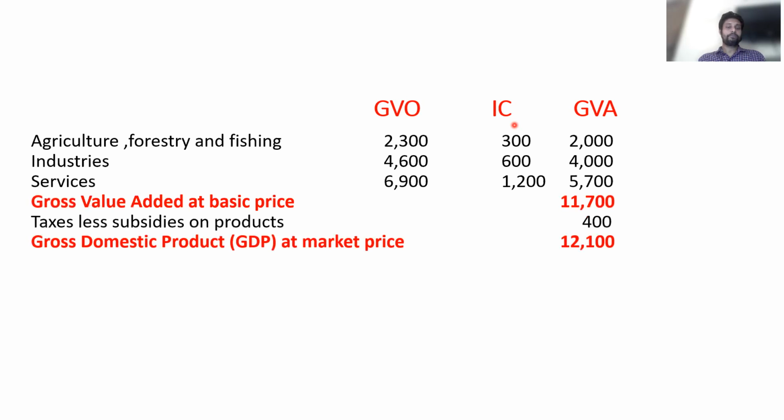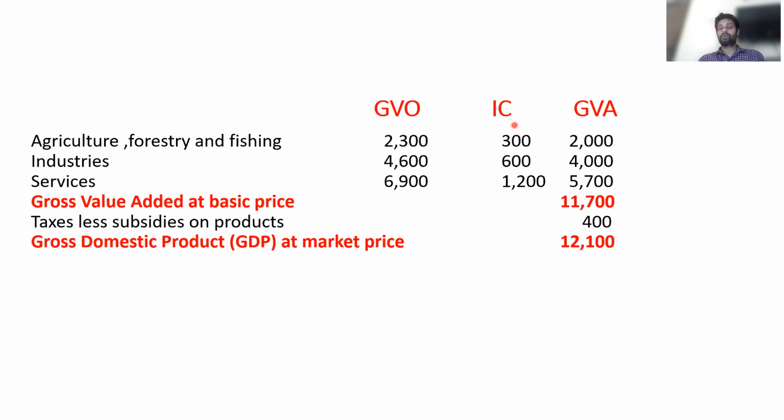Here, agriculture, forestry, fishing. There were a number of facts, figures. Those are assumed values. I just wanted to share the knowledge. 2,300 GVO, agriculture, forestry, and fishing. Intermediate consumption was at 300.